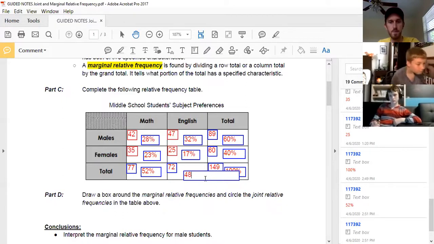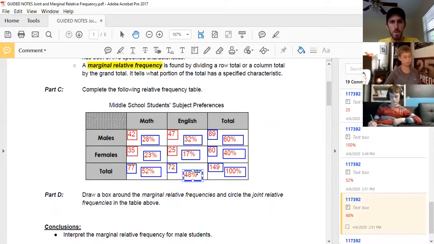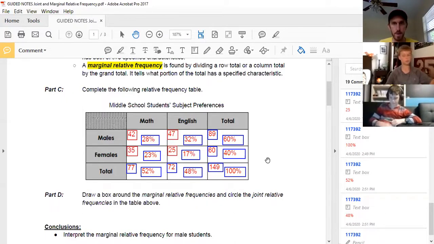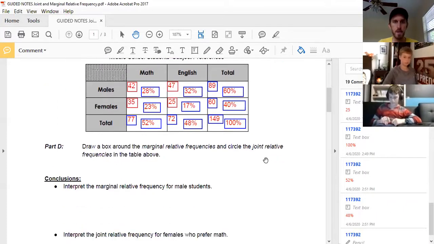Yup. Okay. So relative frequency, the thing to remember here is that relative frequency is always going to be relative to the grand total. That is the big thing to remember here, okay? Now we can get all fancy about it, and we can say here, for the conclusions, what is the marginal relative frequency, okay?